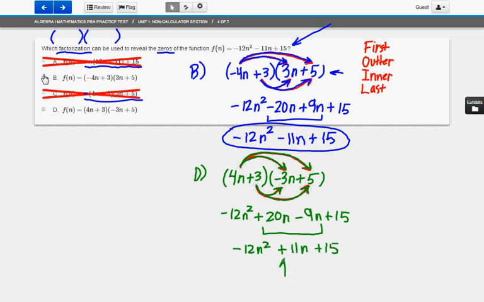And so this middle term is positive, whereas in the original expression, that middle term was a negative 11n. So that is confirmation that choice D was not the factorization that we were looking for. And that is a basic summary of how you could look at that problem.